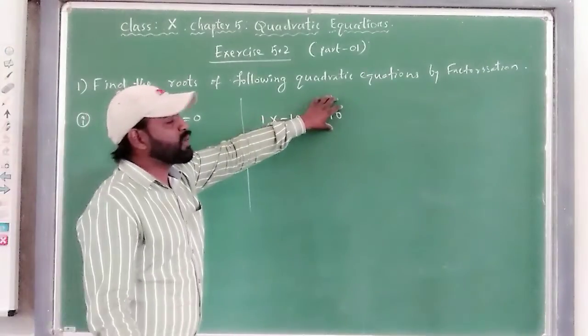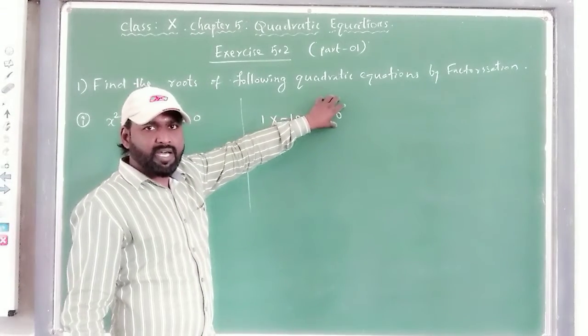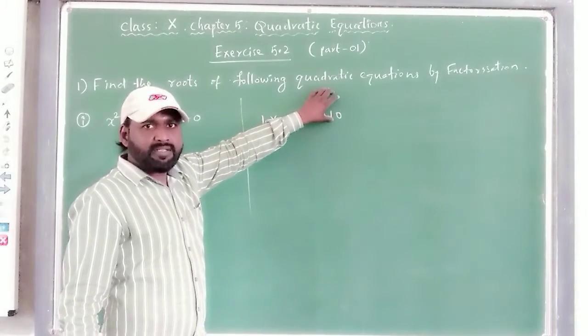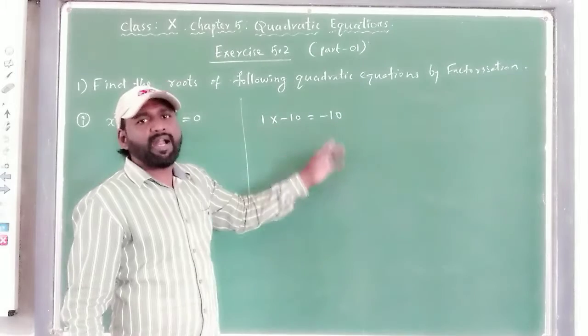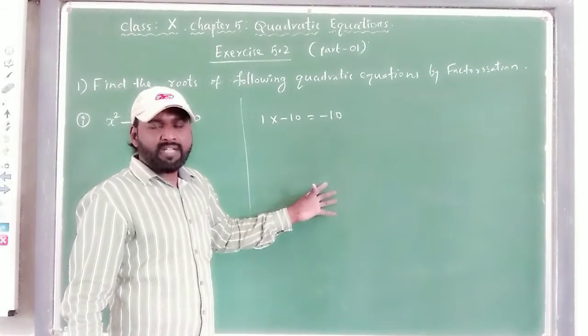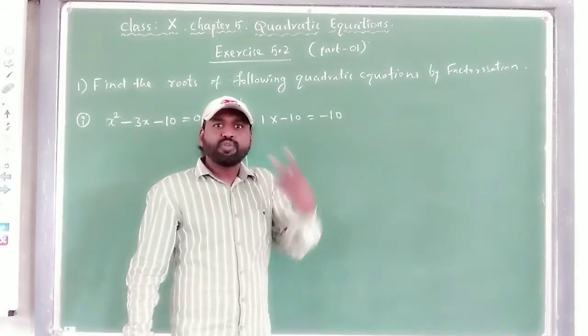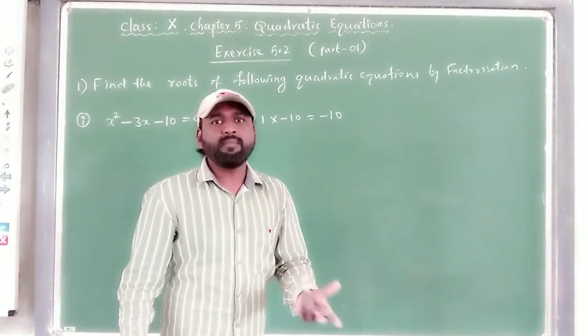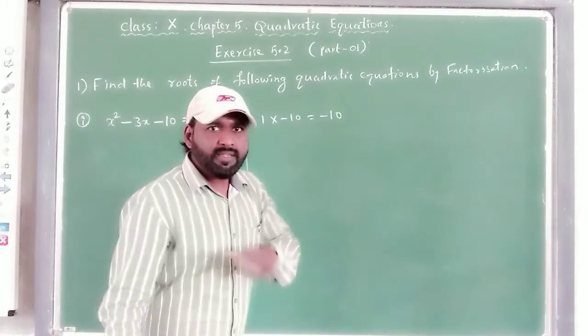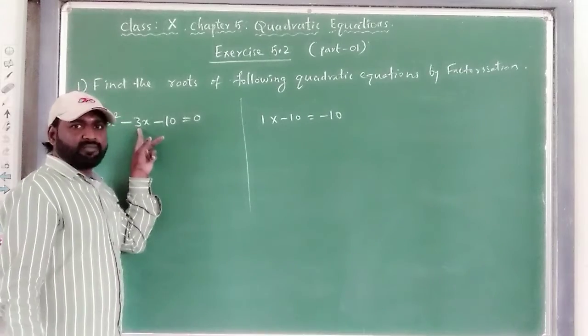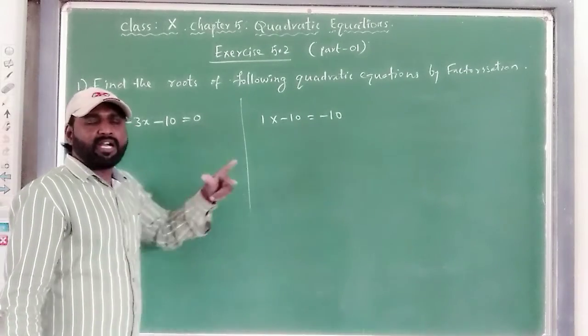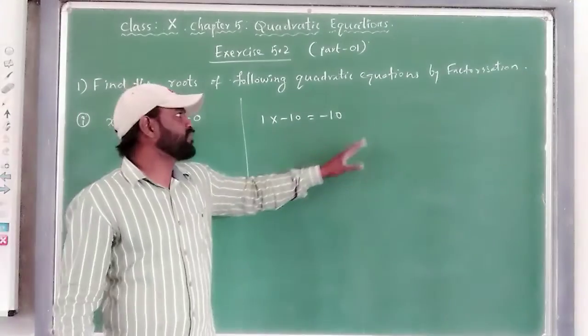This product is what? The coefficient of x square term times the constant term. The product we have to factorize. When you factorize, you will be getting the factors. Choose any two factors whose sum or difference must be the coefficient of x term. Like how to choose the factors of the product.